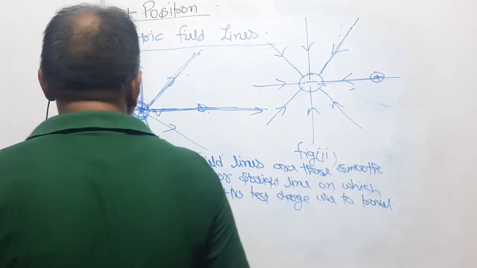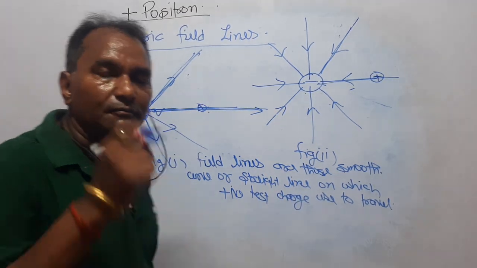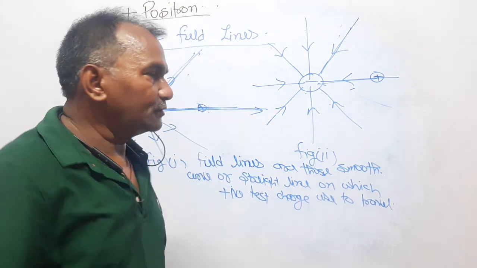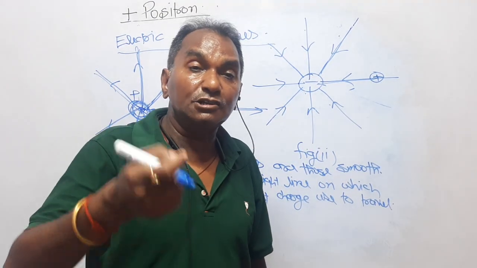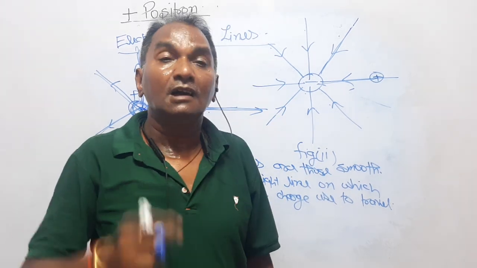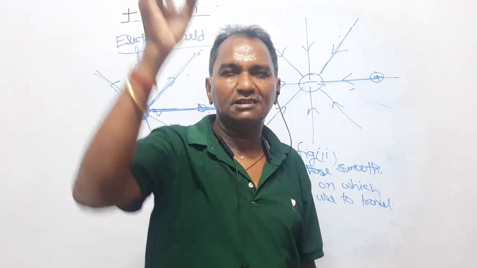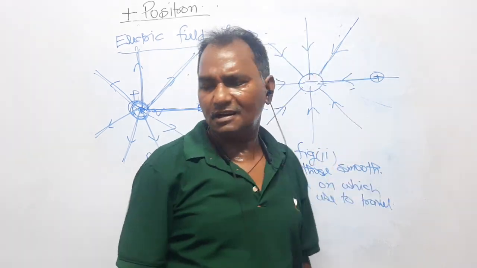In that condition, always remember that if there is a positive charge, the field line begins from the positive charge and moves towards infinity, and in the case of negative charge, the field line ends at the negative charge.